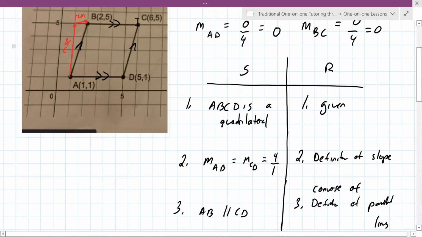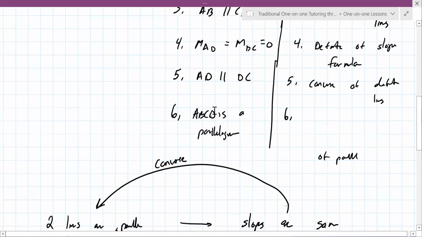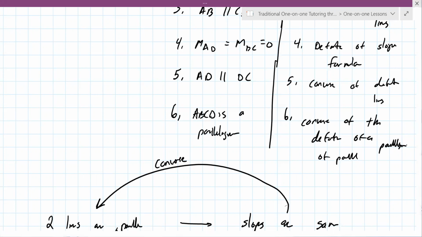They have two pairs of parallel sides, right? Yeah. But we don't know that it's a parallelogram. So because we're going backwards, we say the converse of the definition of a parallelogram. All right, yeah, that's pretty efficient.